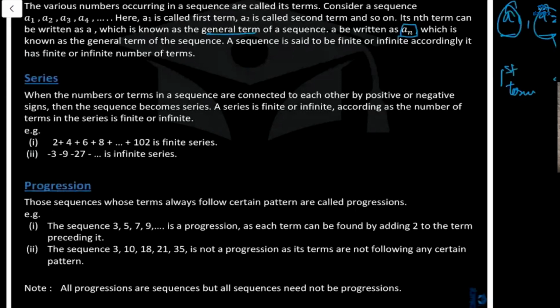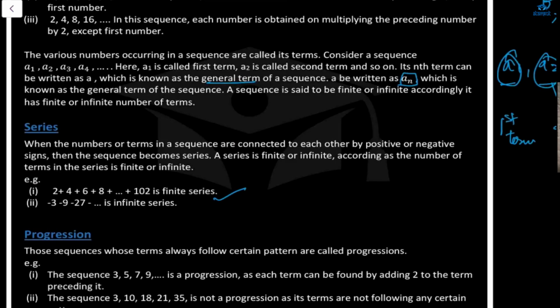For example, you can see here finite, the last term is mentioned here, 102, and we are adding all the terms. In the second one we are subtracting all the terms as the minus sign is there, and you can see in the end dot dot dot is there. That's why it is an infinite series. These are series. So in a series, the sequence numbers have a positive or negative sign.